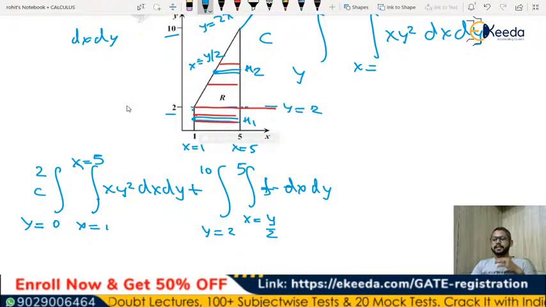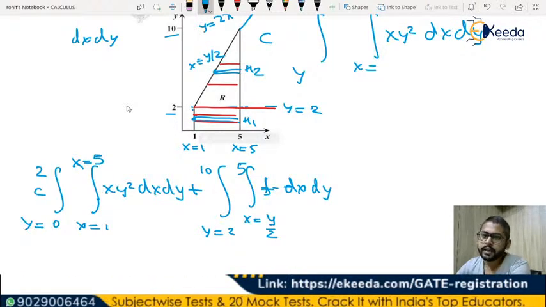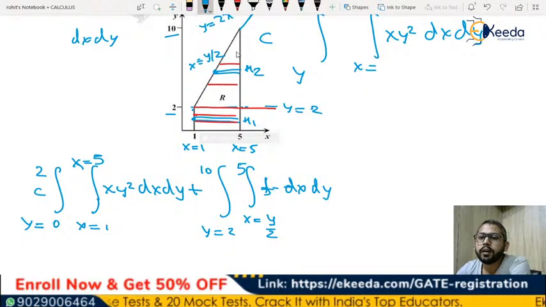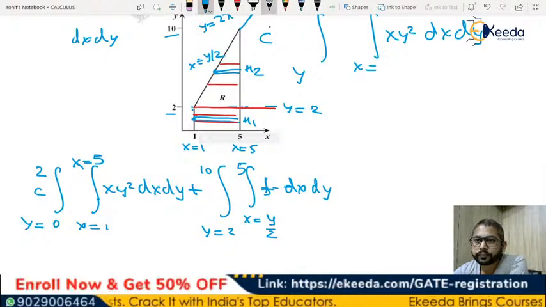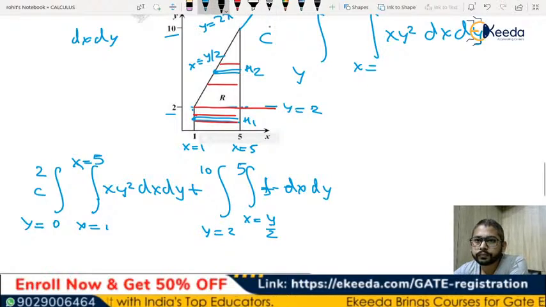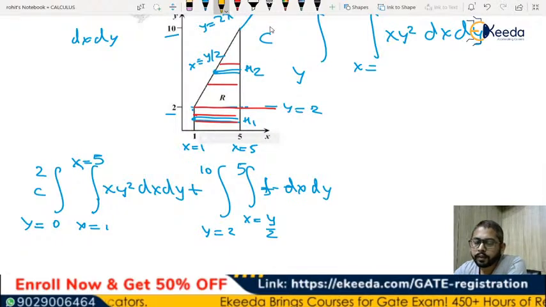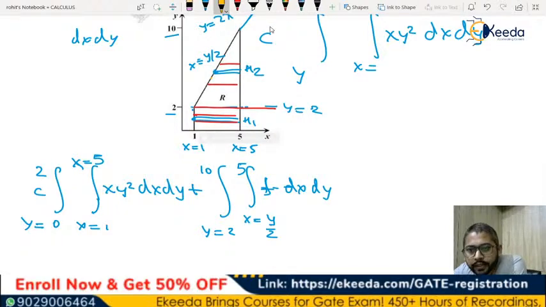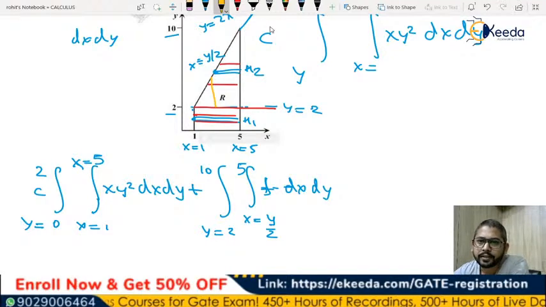But I'll suggest this is something which will take more time, and of course I'm not solving this one also. What we are going to do is, instead of this method, I am taking a vertical element. Is it visible? Okay, I'll rub this.